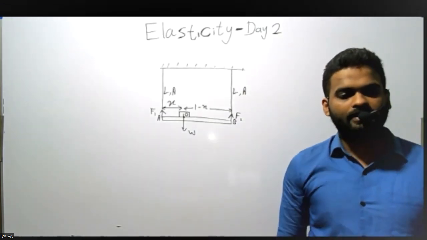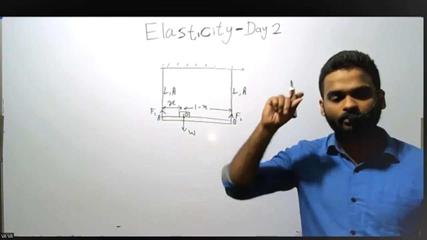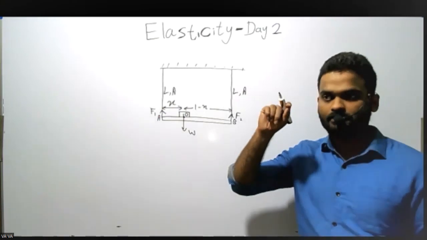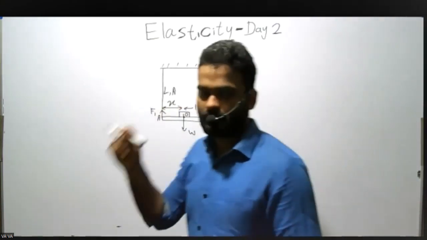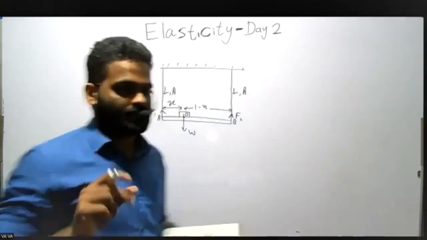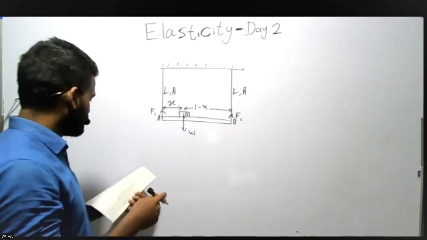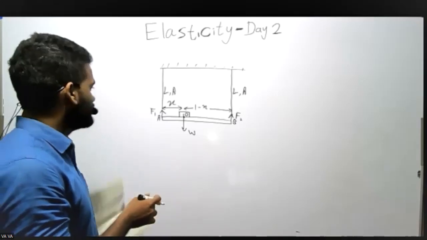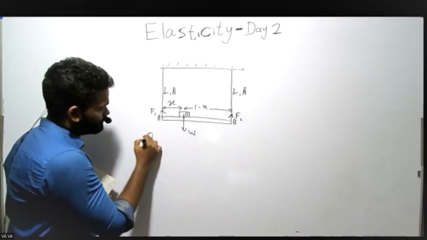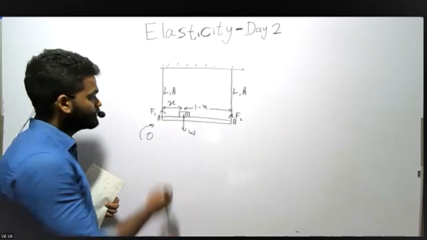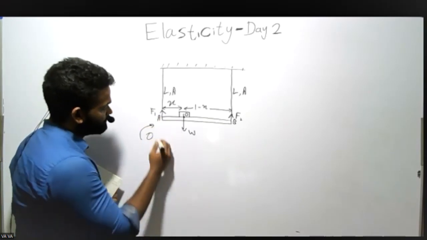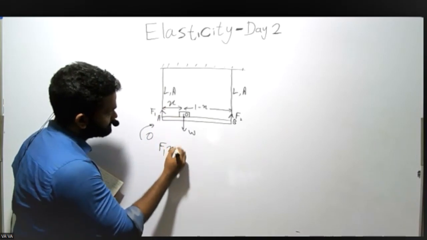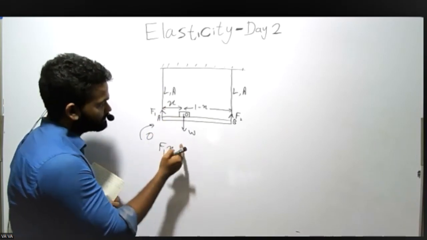Whenever you have to find a distance, you have to think about moments, because that is the only place where distances and forces are involved. So I'll take moments around O. This is F1 times x, the perpendicular distance.